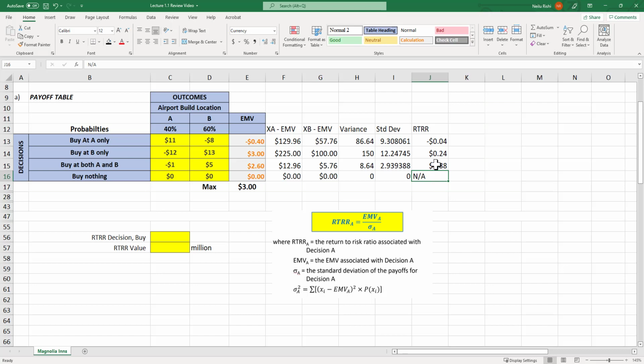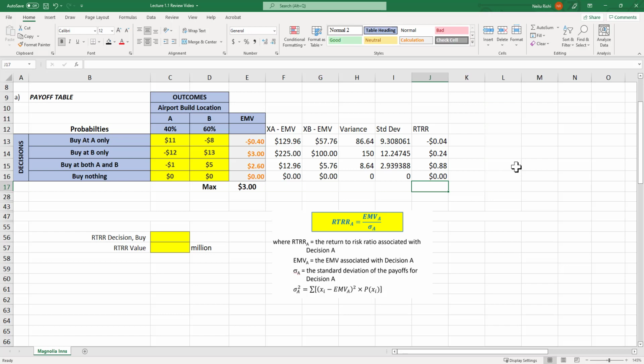So sometimes I would like to write 0 here, even though that is not correct. There is no RTRR value, but we can write 0 there to compare to our other options, as we do want the highest RTRR, preferably positive. If our RTRRs are all negative, we would choose to buy nothing instead.